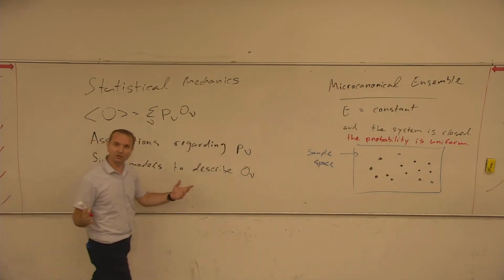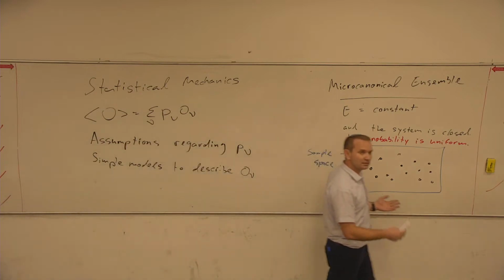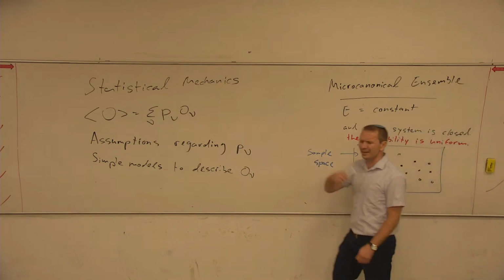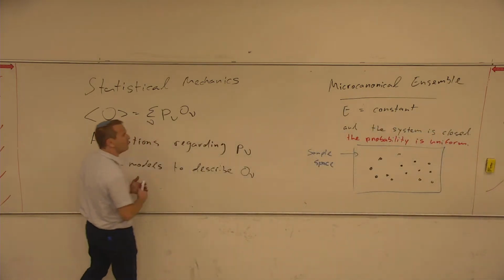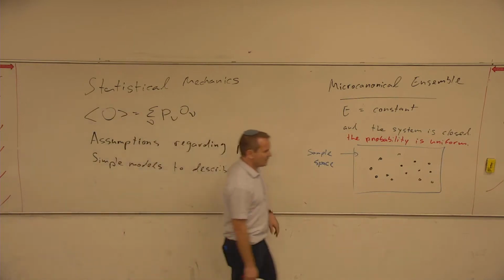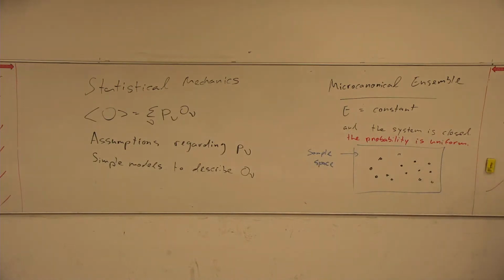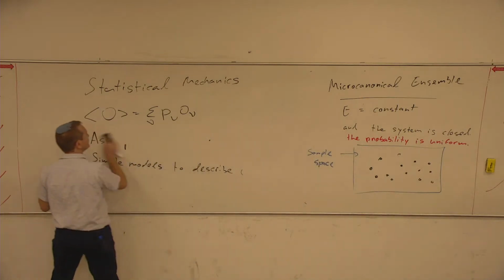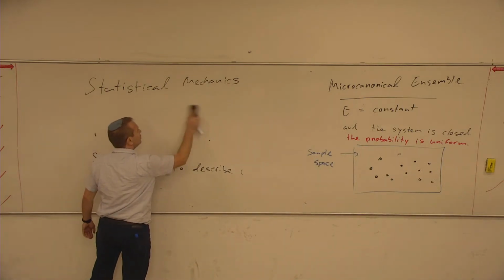Will it work? Well, we can build a model and afterwards test it in an experiment and see how it works. But this is an assumption. Why do I have to assume this? Again, because I cannot solve anything properly. Okay? So I'm assuming. Now, all the different states that I have in my system have exactly the same energy.